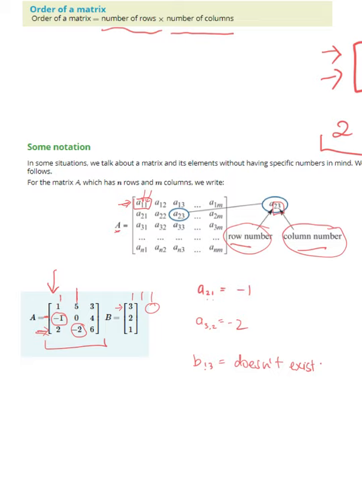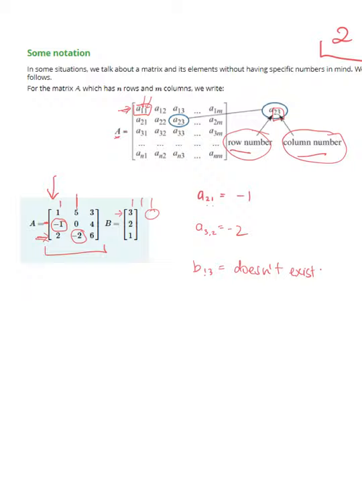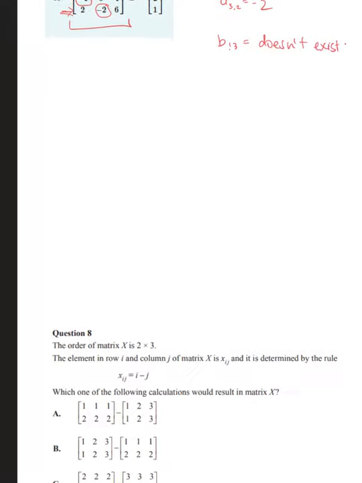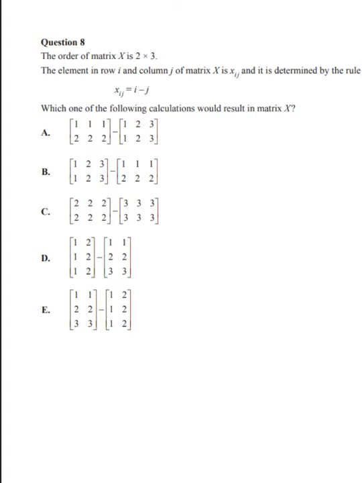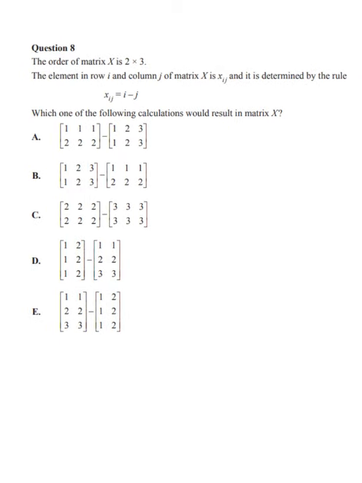Okay, so where this comes in, you'll see it a lot, is usually a multiple choice question. I reckon the last few I've looked at, there's at least one question every year. So let's have a look at what you might get in an exam question with this row and column number notation. For example, this is a multiple choice question from a few years ago. The order of a matrix X is a 2 by 3. So let's just envision what that looks like.